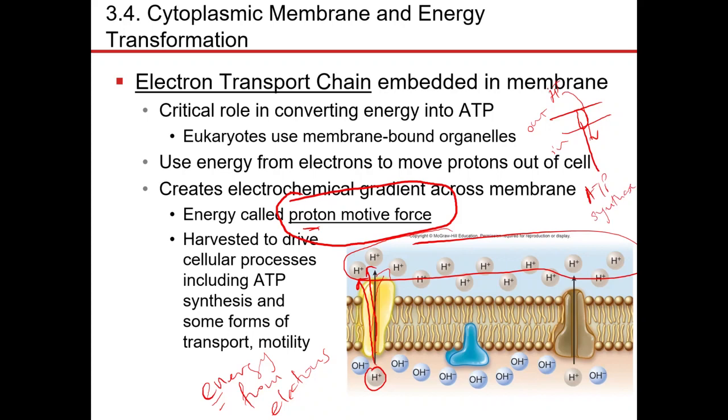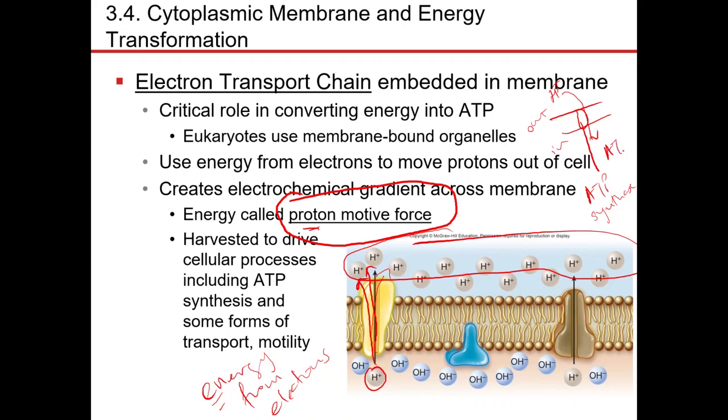When hydrogen ions flow through this protein channel, it will result in the production of ATP.